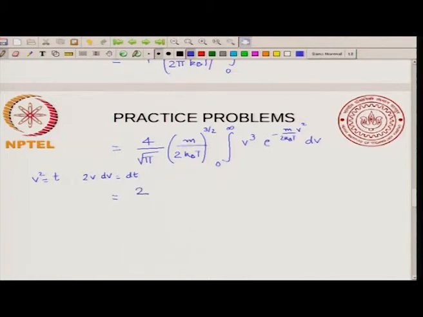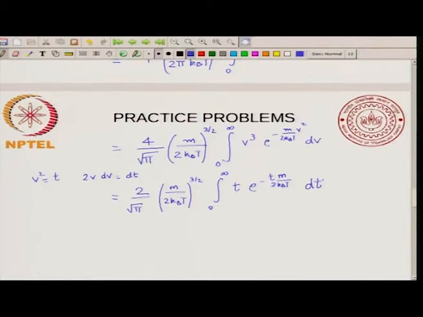I will get 2 by root pi, and I have m by 2 kBT raised to 3 by 2, and what I have is the integral from 0 to infinity of t e to the minus t times the factor of m divided by 2 kBT dt. So, this is what the expression looks like, and now you can do this integral by integrating by parts.